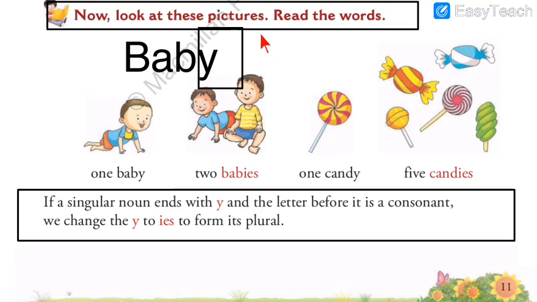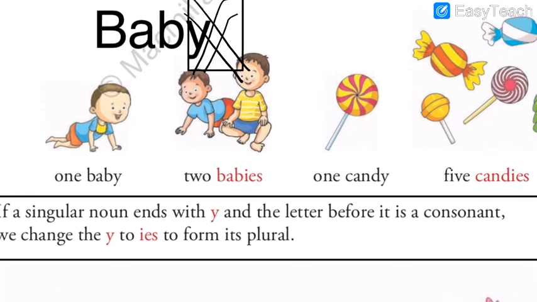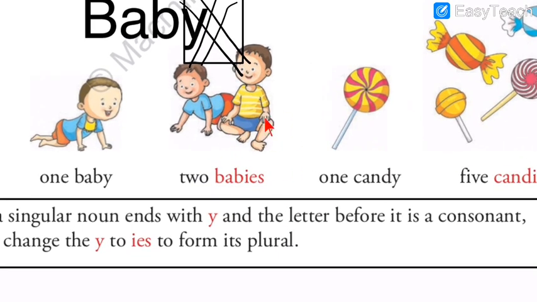So if the noun ends with Y and if the letter before is a consonant, we need to change the Y. So you need to cancel the Y if you want to make it plural. What do we have to do? We have to replace it with IES. So instead of Y, babies becomes IES. So Y is replaced with IES, if you can see in this picture, correct?